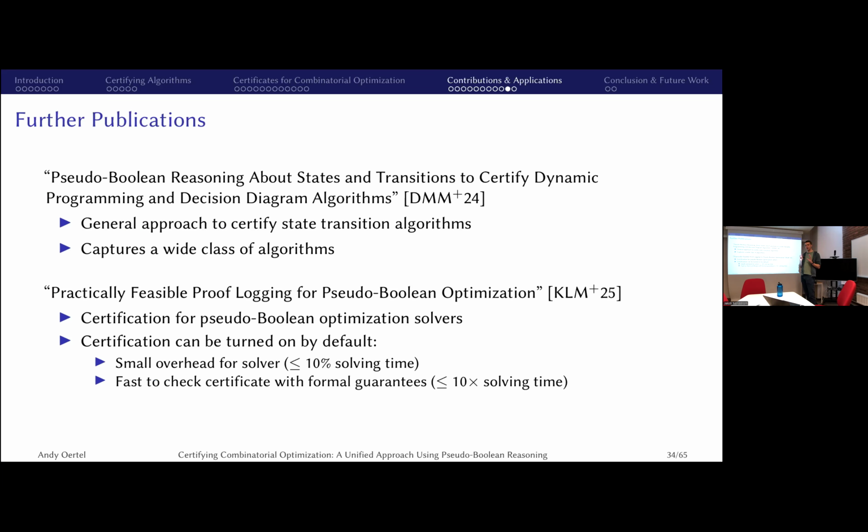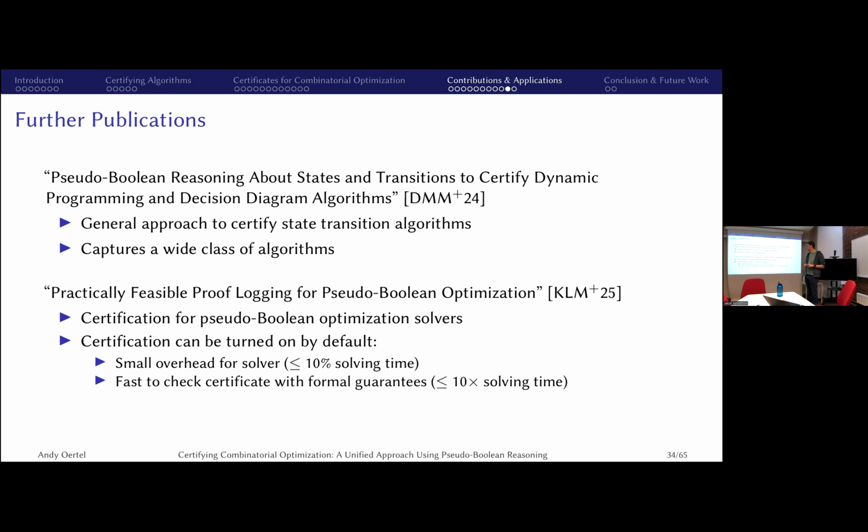There you have the items that you took, so your remaining capacity is one constraint, and then you have another constraint on the profit that you can get with this capacity. And so this is a very wide range of algorithms, and this captures a lot of different algorithms with this paper.